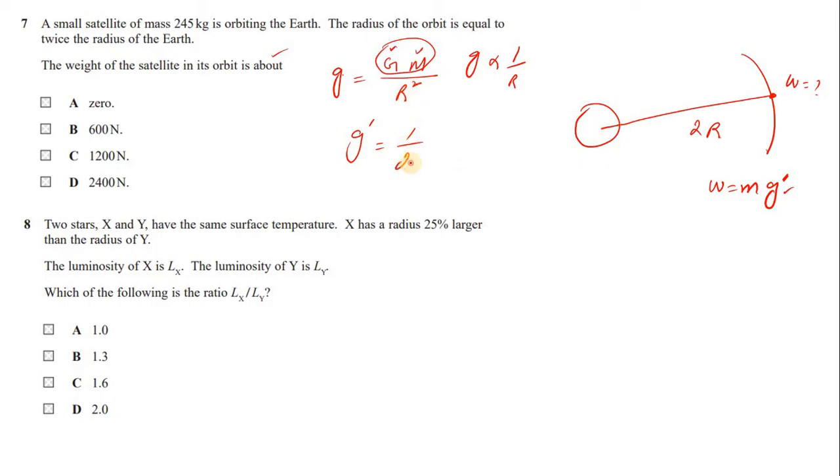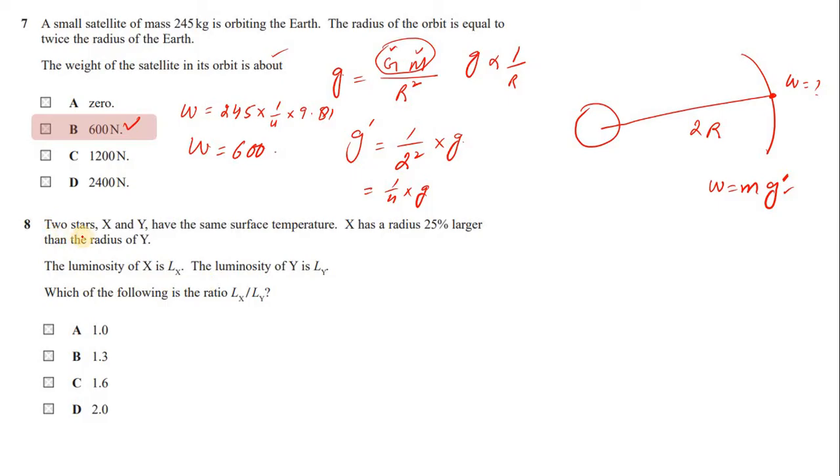This is double, so 1 upon 2 squared of the value of g. This is the gravitational field strength at double the radius. So 1 upon 2 squared of g. G is 9.8, so g dash is 1/4 of 9.8. So weight would be W equal to mg, which is 245, the mass, into g dash, and g dash is 1/4 of 9.81, and W would be around 600 point something. So option is B.